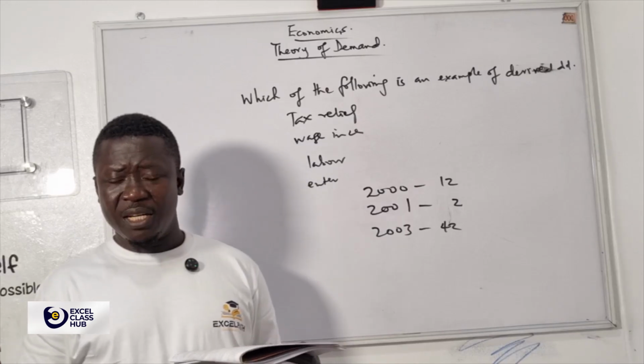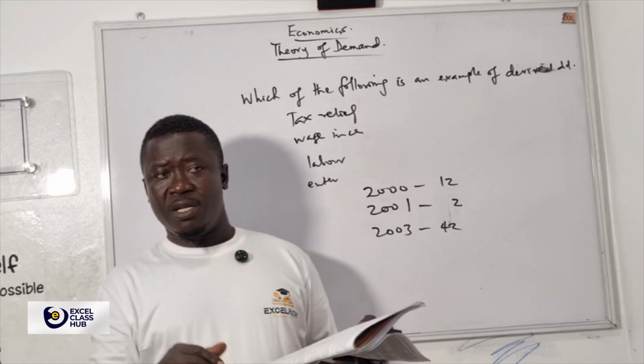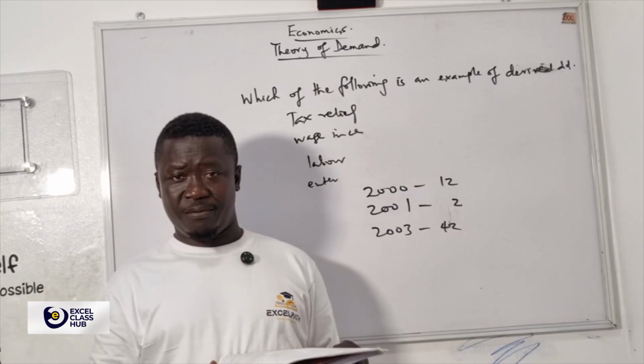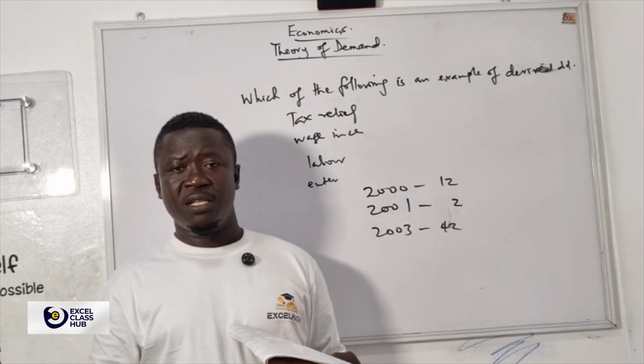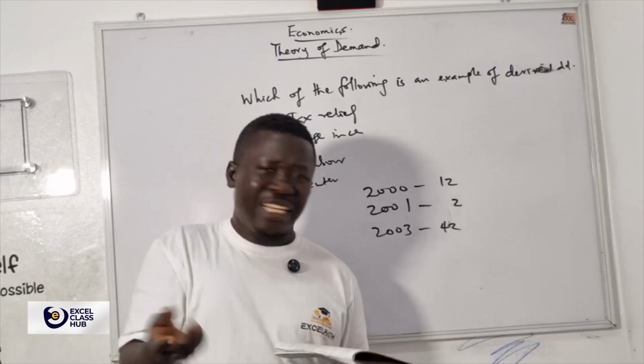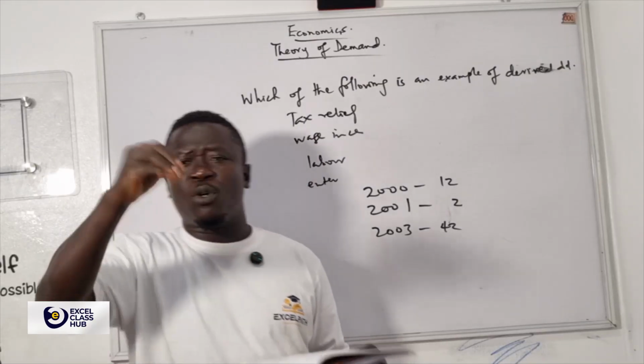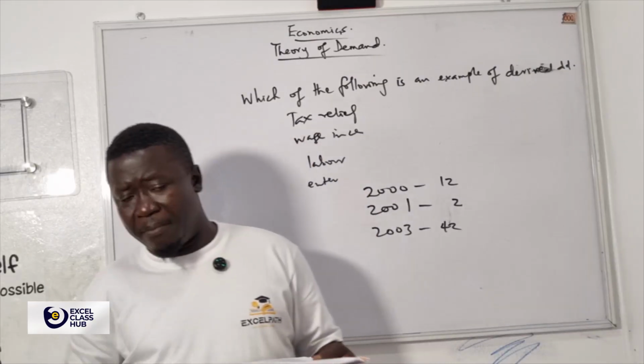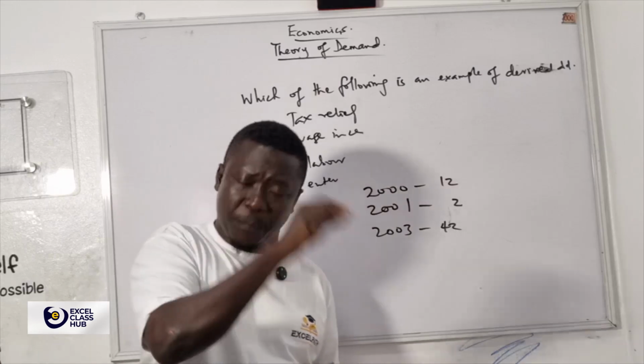Let me assume he has a pure water company. In his pure water company, he employs people to work for him. What is that value he wants them for? It's not just to work for him and go. It's because of what he wants to derive from them, that is why he employed them.